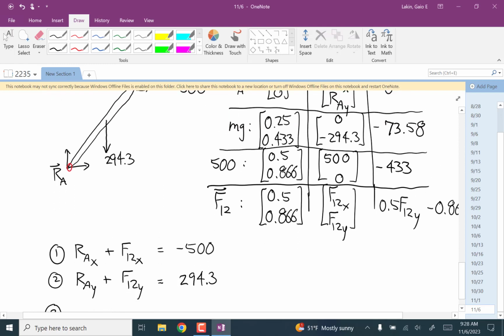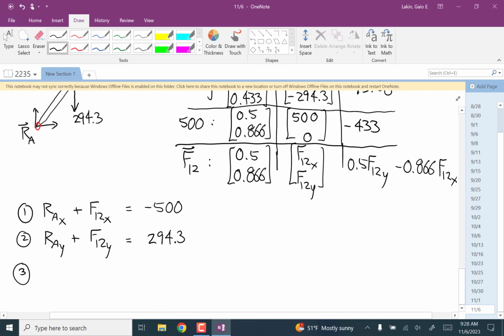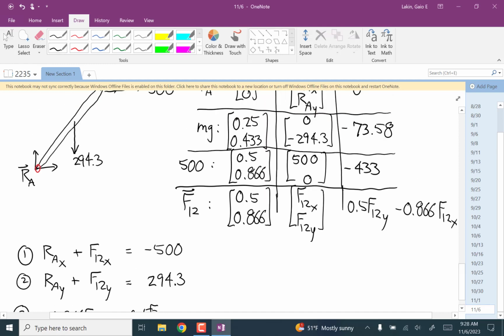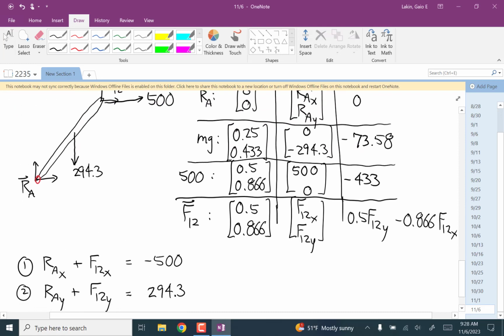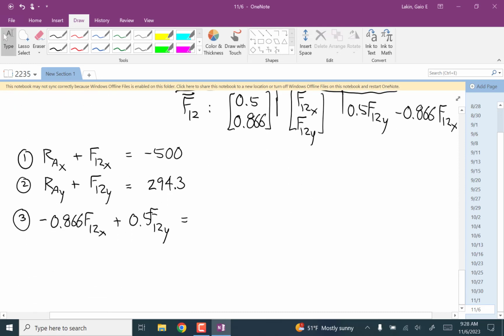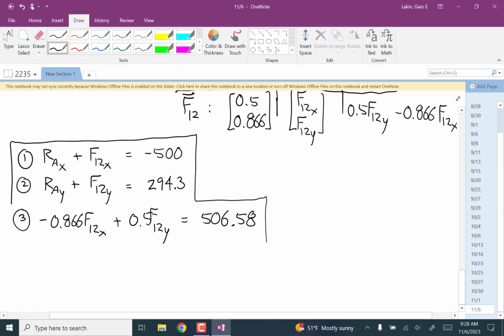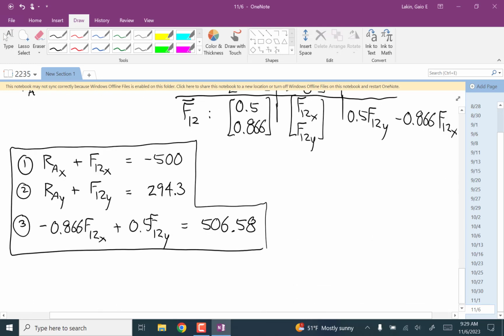And the third equation says negative 0.866 F12x plus 0.5 F12y is equal to 506.58. Okay. We have 4 variables, so we've got to keep rolling.